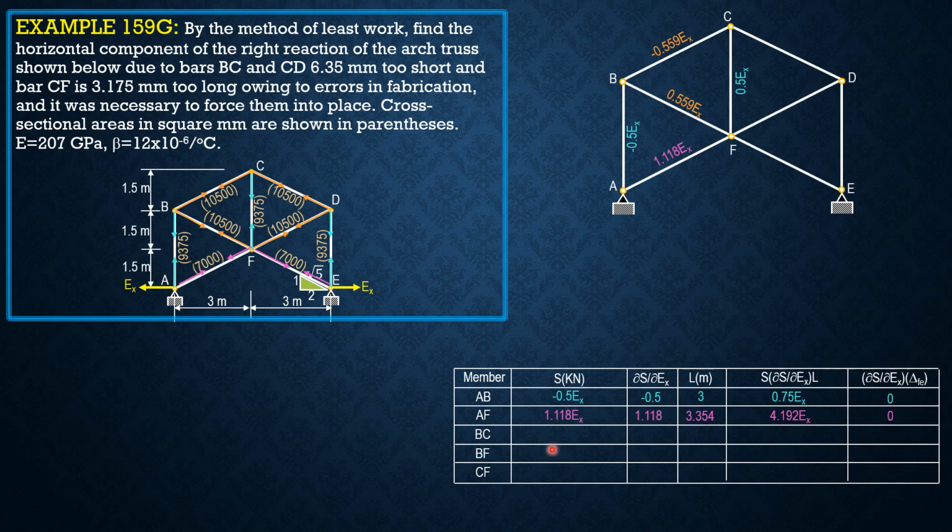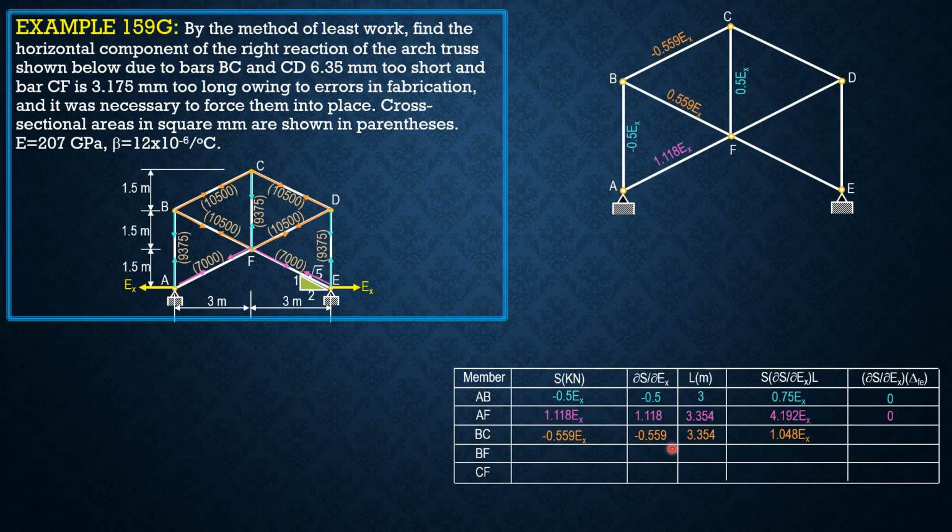BC, negative 0.559 EX, negative 0.559, the length 3.354, then the product 1.048 EX. BC is involved in fabrication error, so this is treated in meter. So let's just treat that in meter.